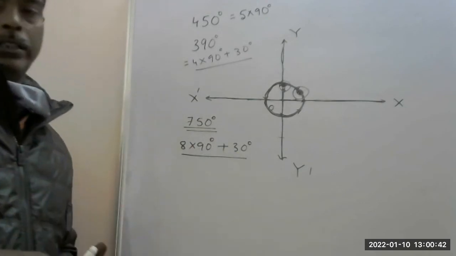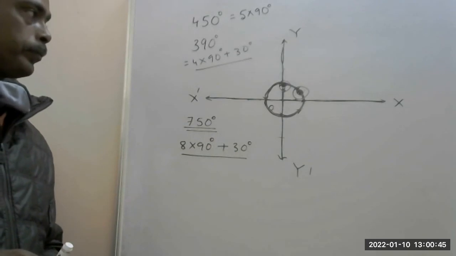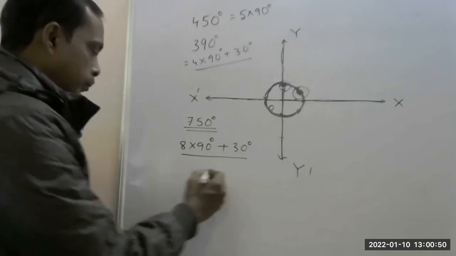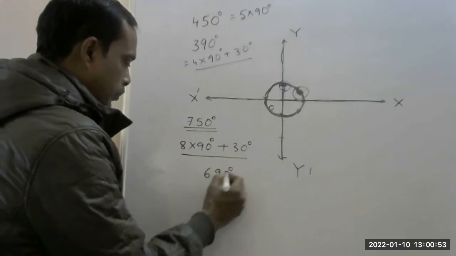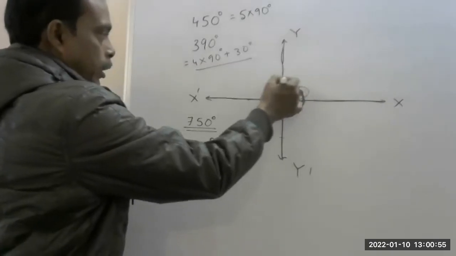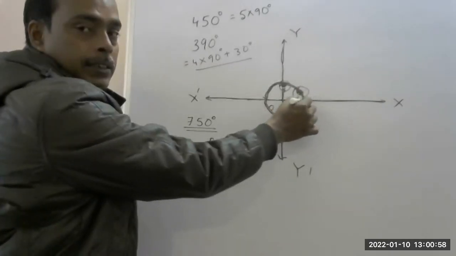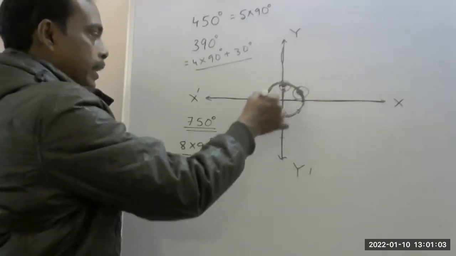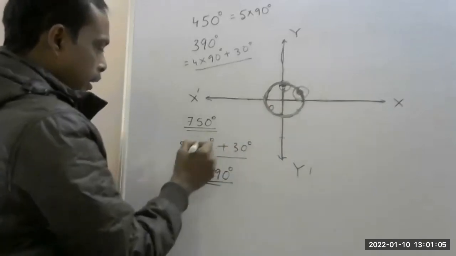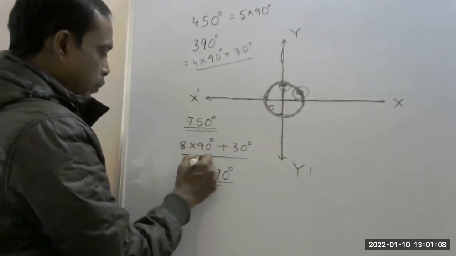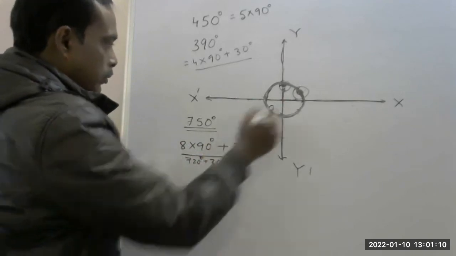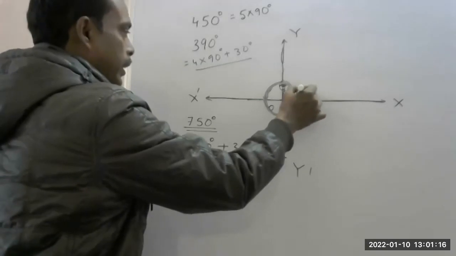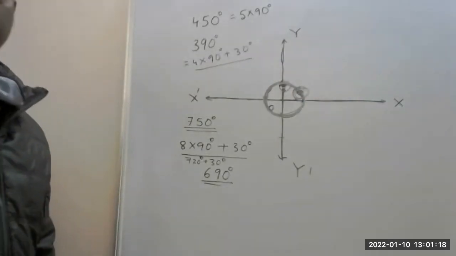A circular angle is one rotation, that means 360 degrees. Two rotations means 720 degrees. Then 8 into 90 is 720, plus 30. First rotate 360, then 720 plus 30. So it is situated in the first quadrant.